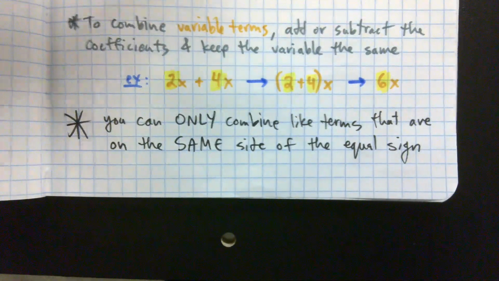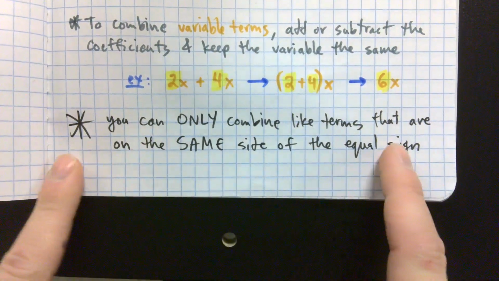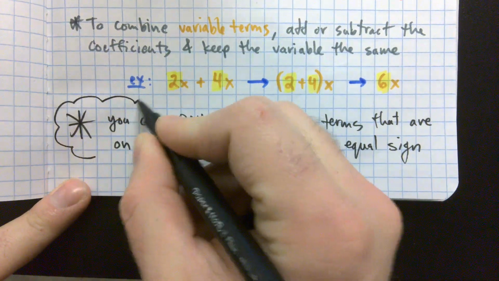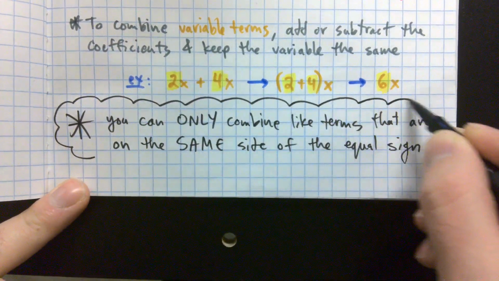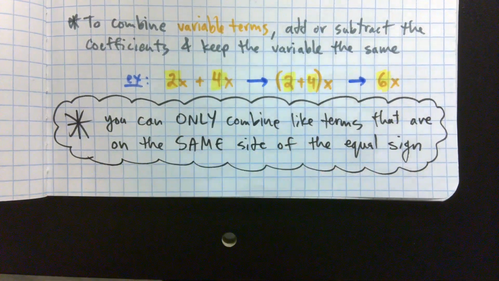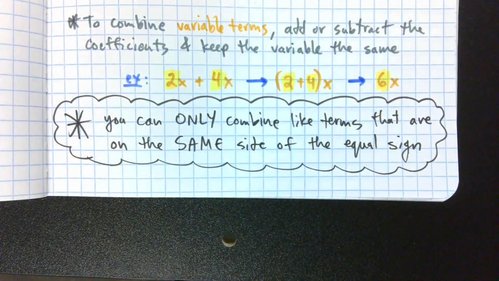This is super, super, super important for us to remember. In fact, I'm going to put a cloud around it. You can only combine like terms that are on the same side of the equal sign.